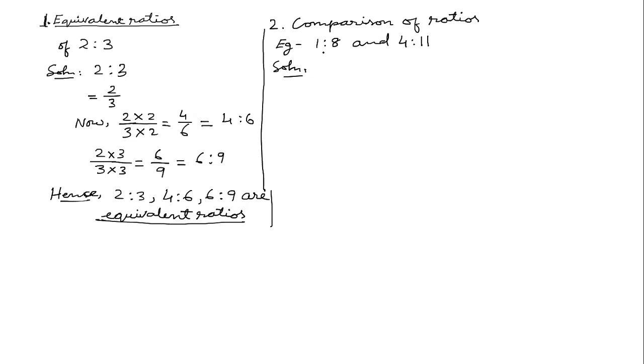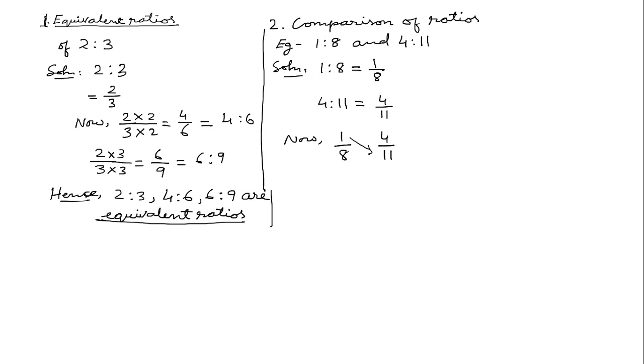We can compare them just the way we used to compare the fractions, because 1:8 can be written as 1/8. Similarly, 4:11 can be written as 4/11. Now simple method, by cross multiplication, 1 by 8 and 4 by 11.